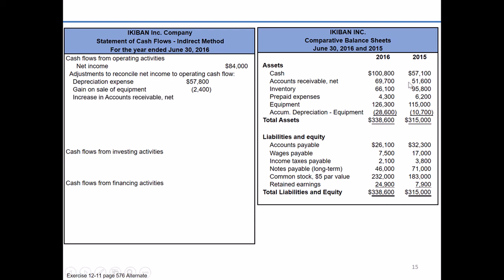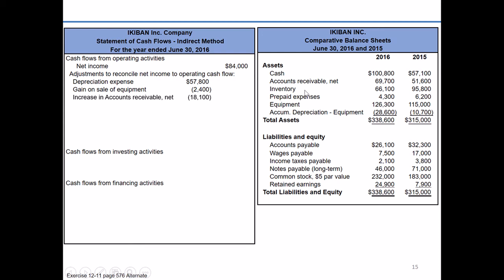As you can see, accounts receivable increases from $51,600 in 2015 to $69,700. If you recall, an increase is going to be shown as a deduction in our operating section. In fact, the total dollar value of that increase is $18,100, so we'll show a subtraction of $18,100 related to that increase in accounts receivable.